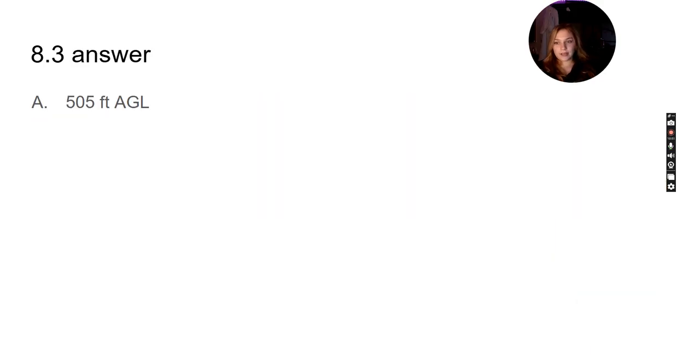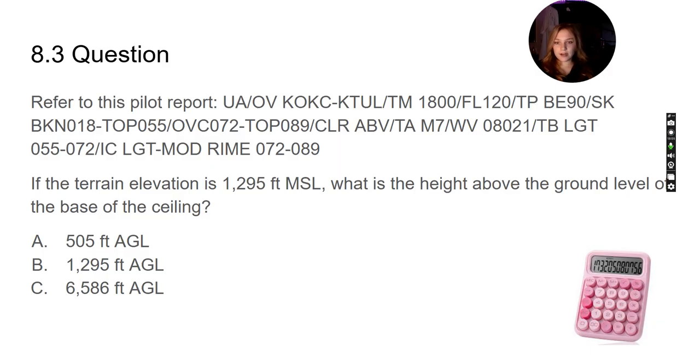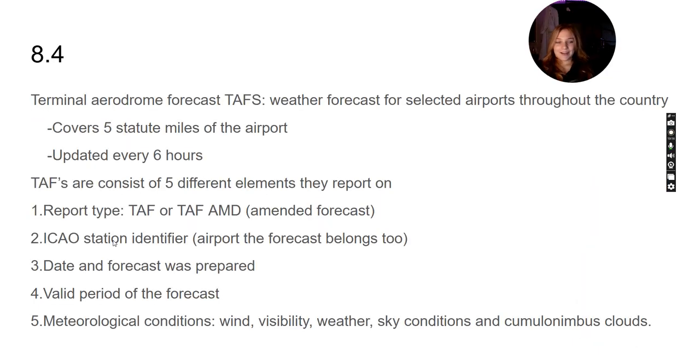The answer is 500 feet AGL, because you want to subtract. The cloud ceiling, which would be here, so 1,800 feet, minus this is 505, I think.